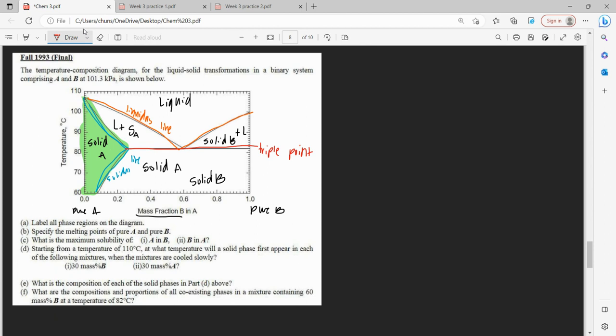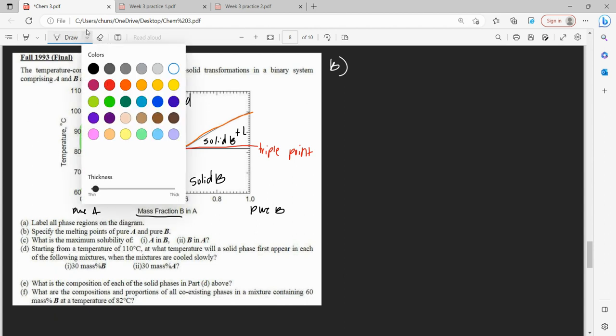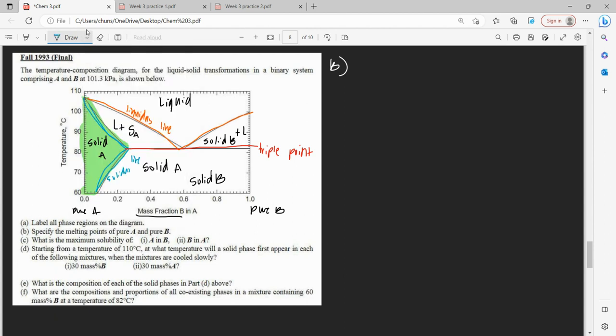That's part A. Label all the regions on the phase diagram. And part B is specify the melting points of pure A and pure B. So we already established that our pure A is on the left side and pure B is on the right side. So just find where it intersects our temperature axis.